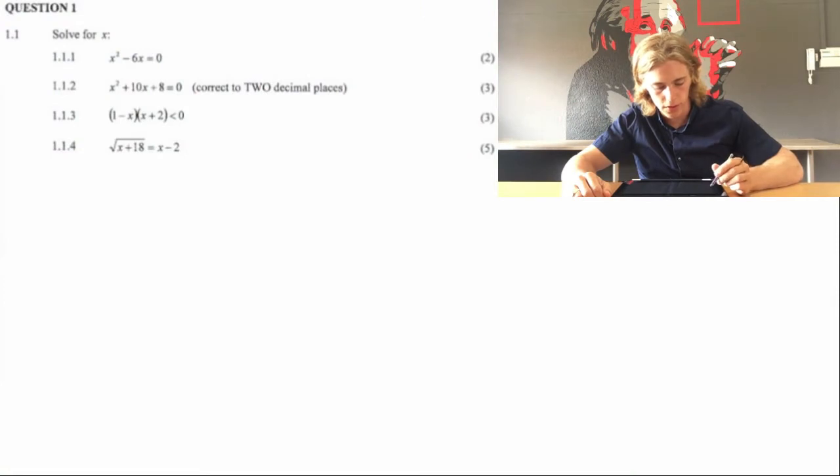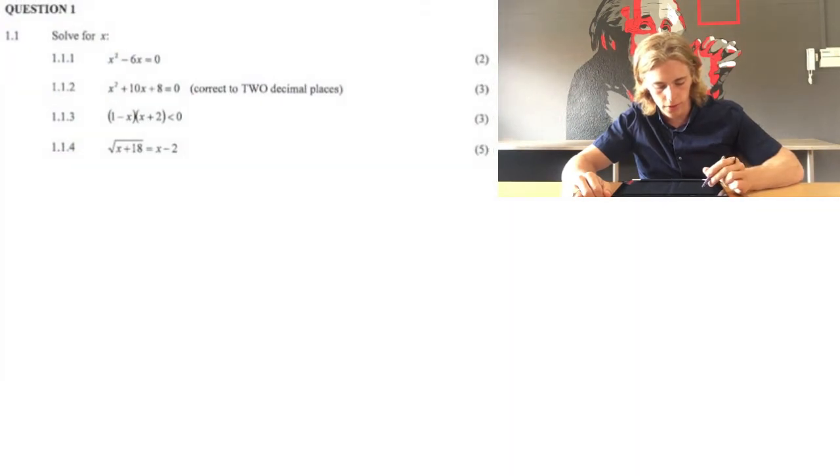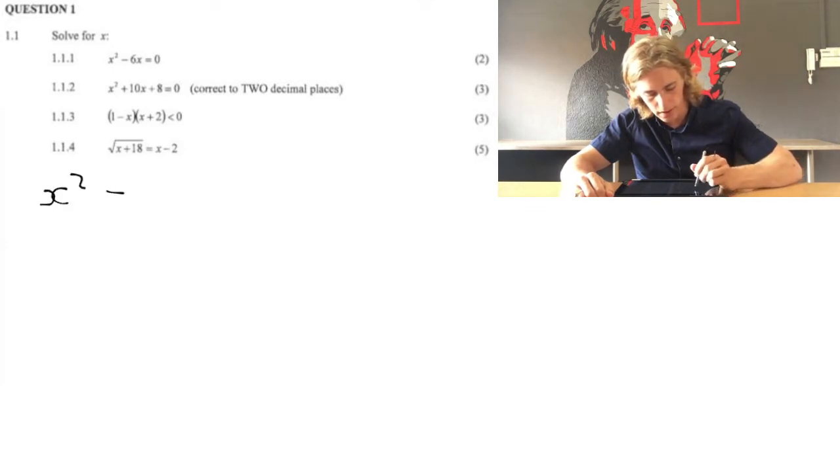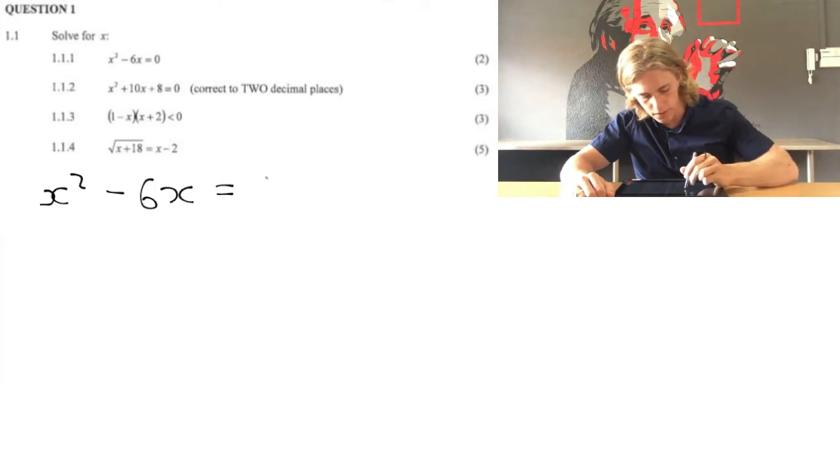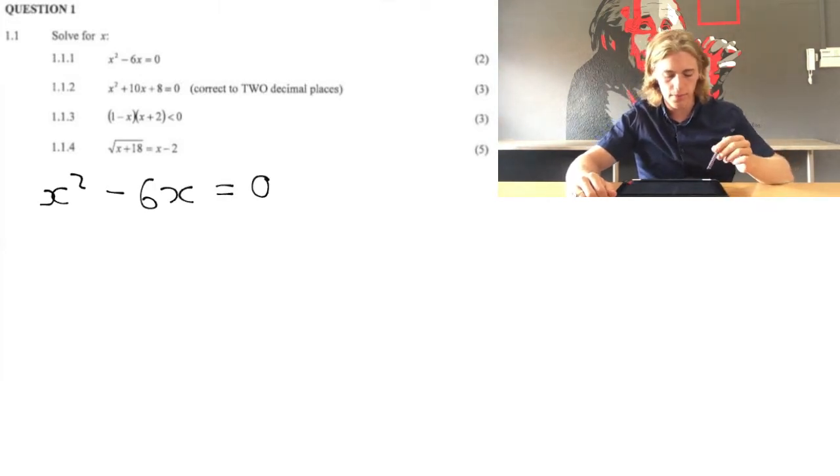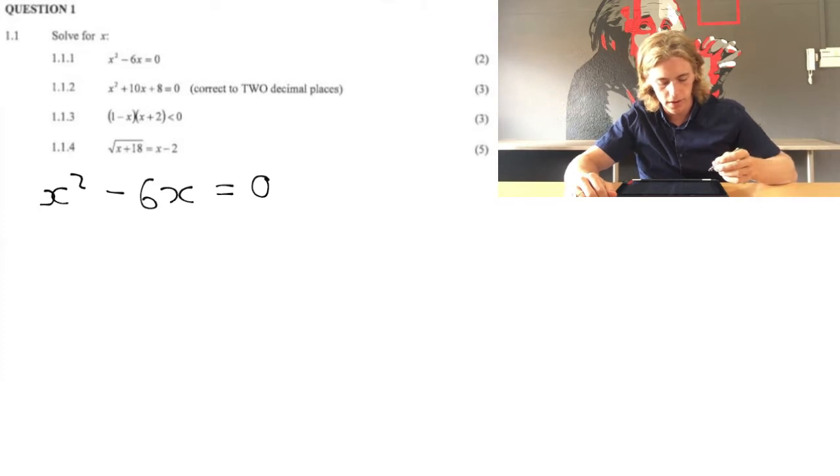Right, so question 1.1, solve for x. We have 1.1.1, x squared minus 6x equals 0. Now what usually happens here when we have two types of x's without another constant is we usually will then take out an x as a common factor.